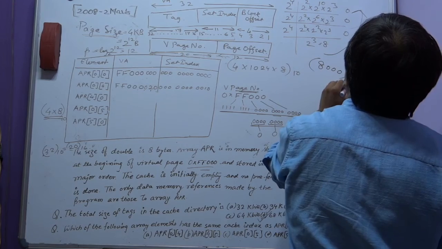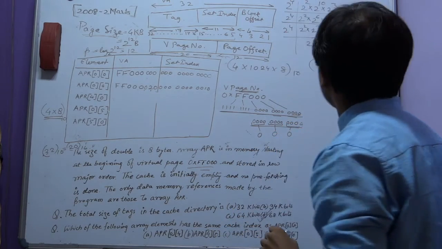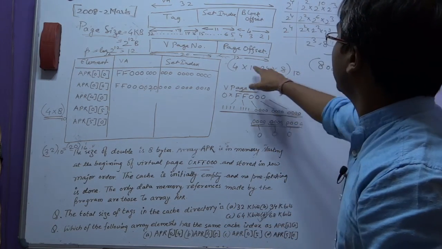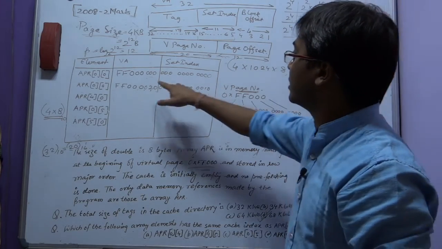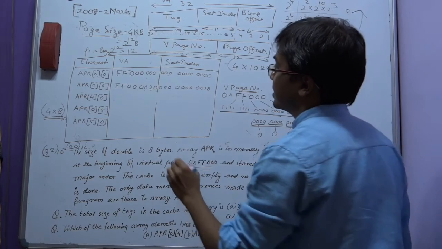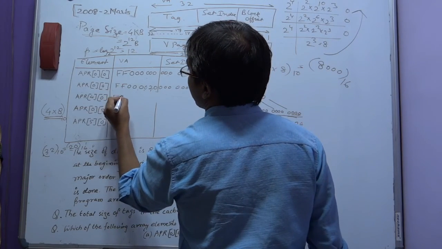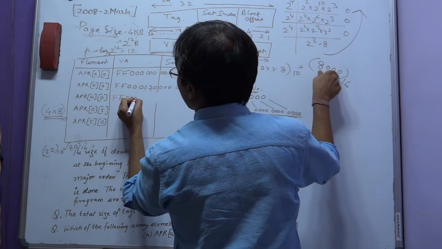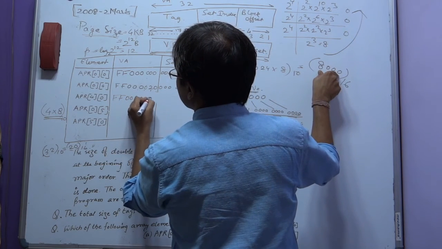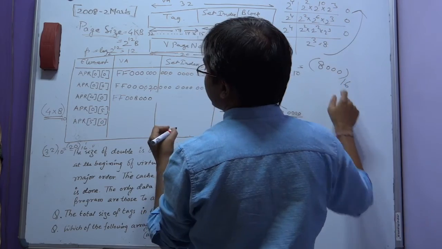This is in hexadecimal, and this is the hexadecimal equivalent of this decimal number. Now sum this up with this virtual address. So if we sum this up, we would get FF00, we have 4-digit hexadecimal, so 8000, right?